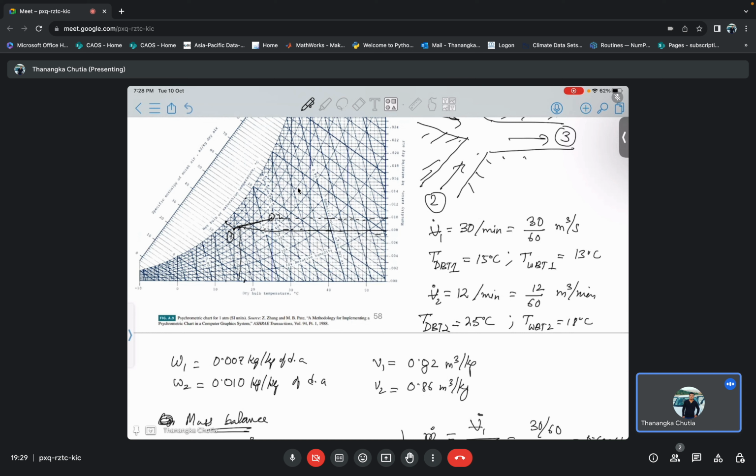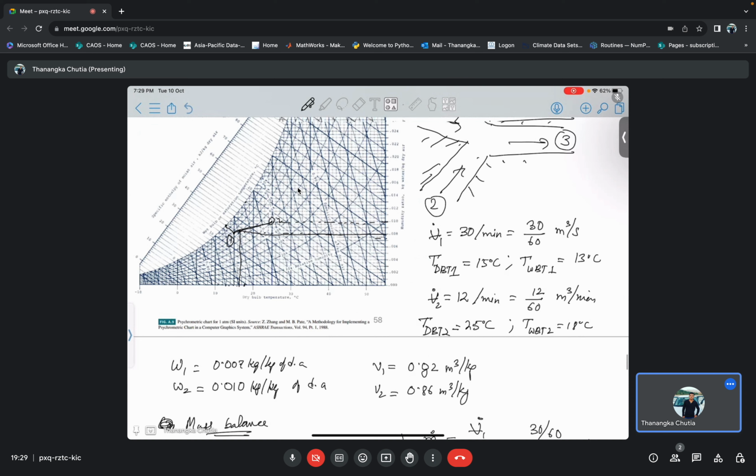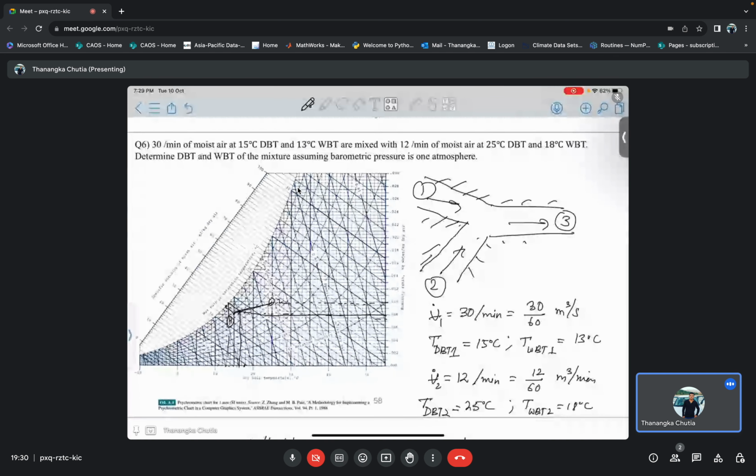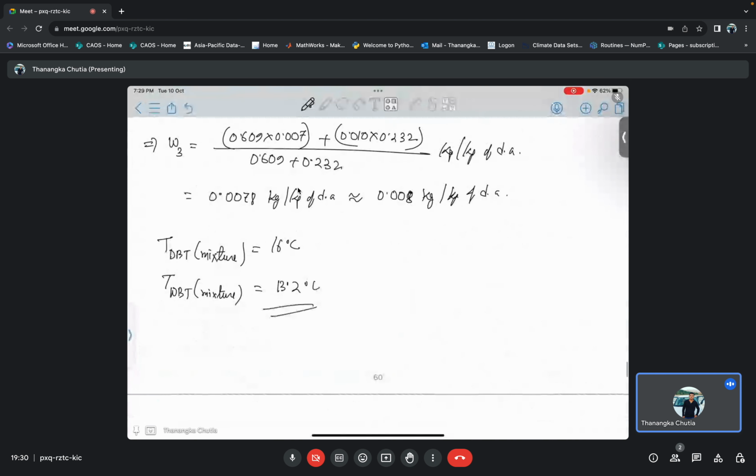So this will be basically my dry bulb temperature, that is 1 2 3 4 5 6, 16. So the T dry bulb temperature of the mixture is equal to 16 degrees Celsius, and the T wet bulb temperature of the mixture, from here you go there, then you do this, you will get almost 13.2 degrees Celsius.